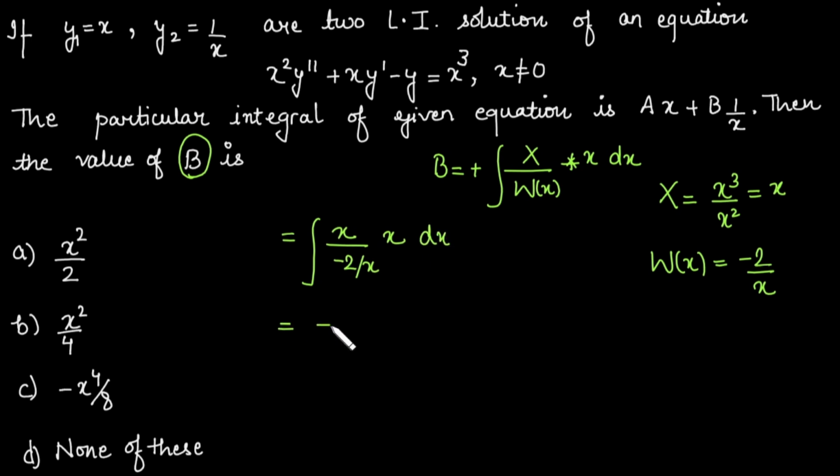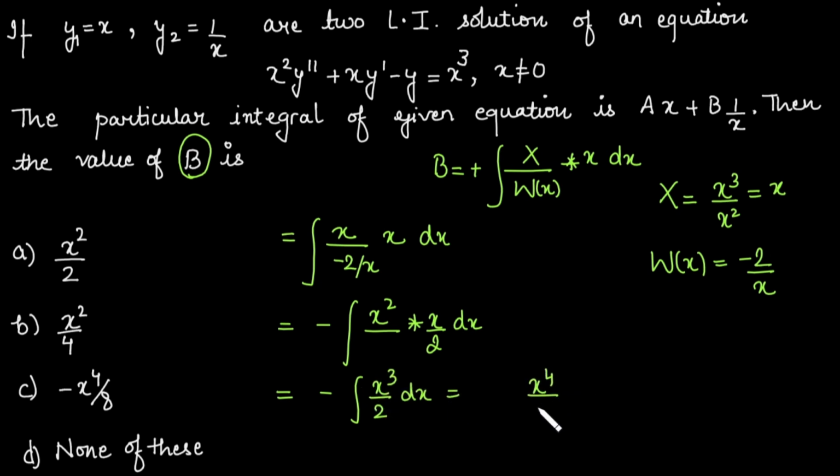That is equal to minus integration of x square, and this 2 by x is written as x by 2. That is equal to minus integration of x cube by 2. So integration of x cube is x raised to power 4 by 4, and this minus 1 by 2 as it is. That is equal to minus x raised to power 4 by 8. Hence option C is correct.